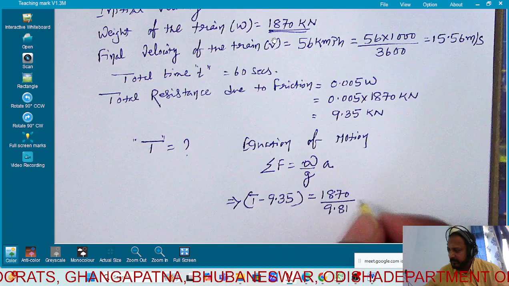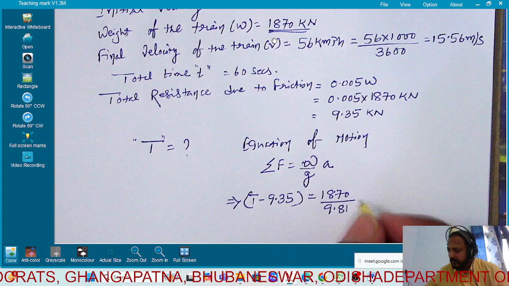So a will be v minus u by t, that is 15.56 minus 0 by 60.